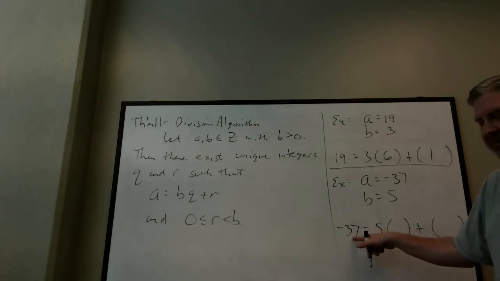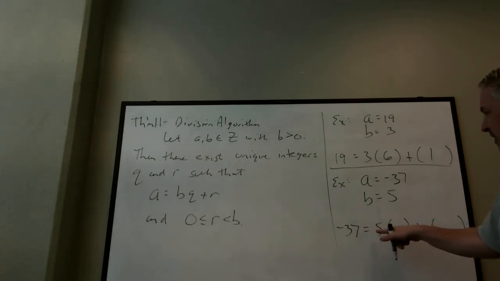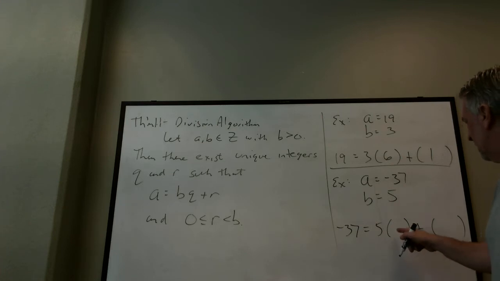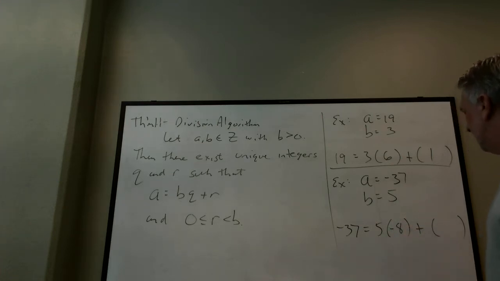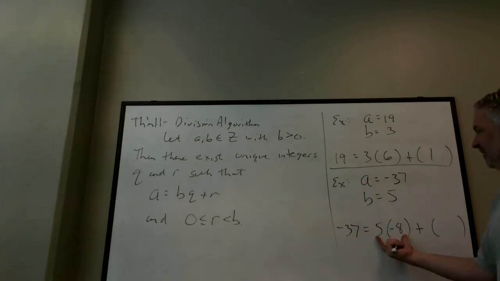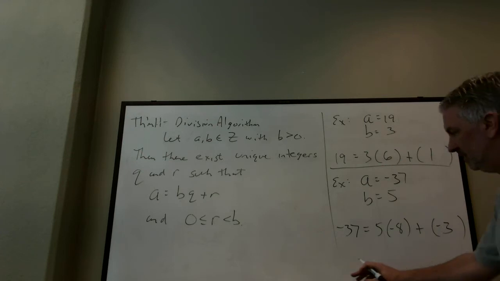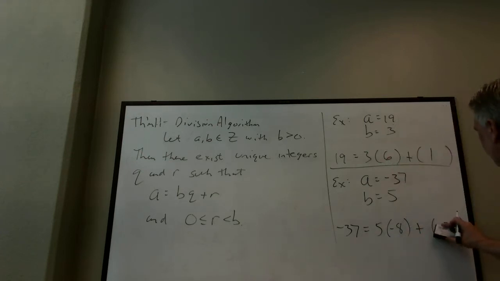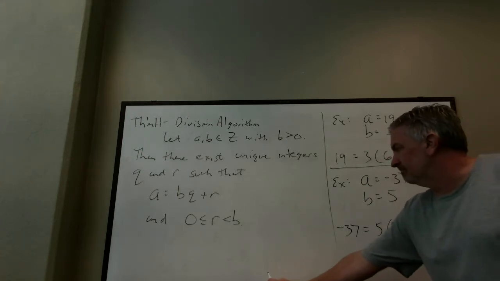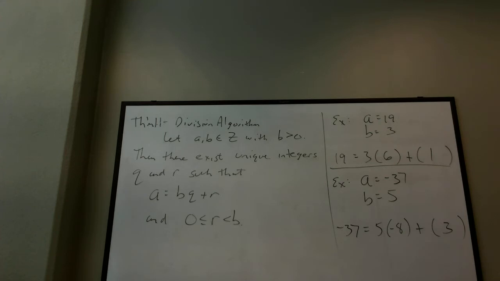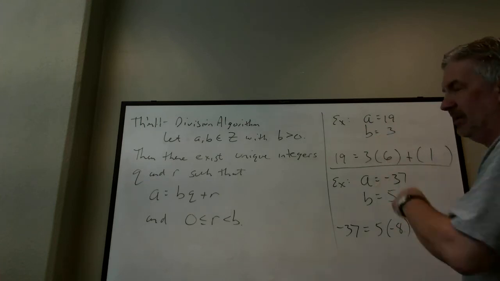It's only negative 35. You have to go over the negative 37. So if I say negative 8 here, notice that's negative 40, and now I add something positive to it to get negative 37. Try that again. Positive 8. Okay, so here the q is negative 8, so you can't just say 37 over 5. That's not going to get you your 8 like we did up there.